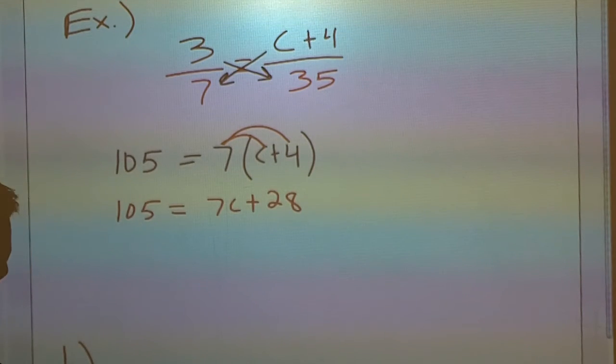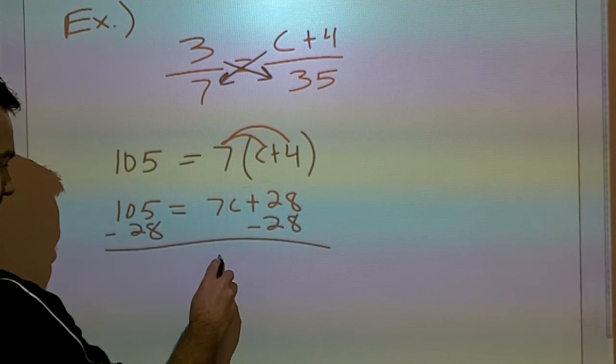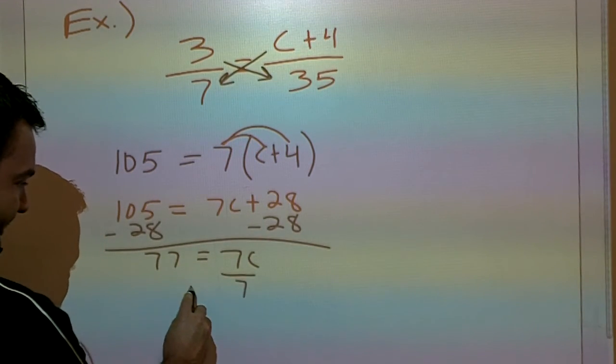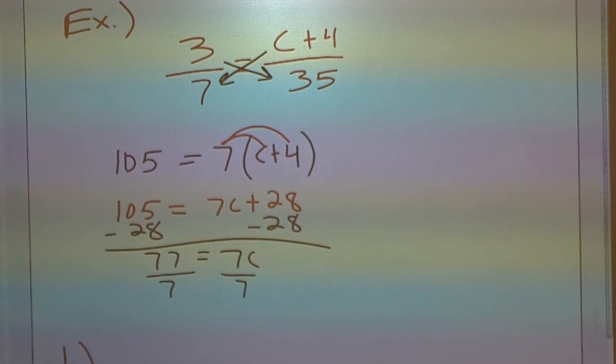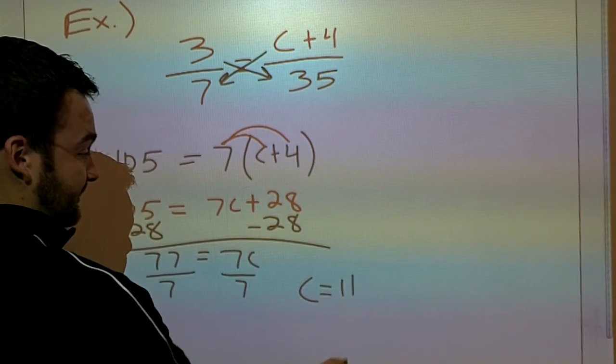Then we solve it just like a two-step equation. Subtract 28 from both sides: 7c is equal to 105 minus 28. 105 minus 30 would be 75, so 105 minus 28 would be 77. Then we divide both sides by 7. c is equal to 77 divided by 7, which is 11.